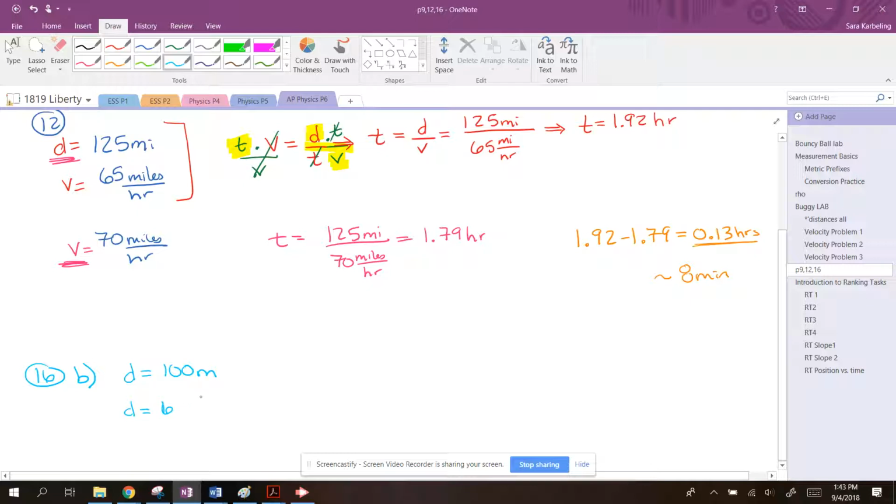Wait, say that one more time. 1,609. Yeah, it's all good. It depends on how close you want to have it exactly. But anyway, so that's about the distance. And then what do we know? We know that it takes her 18 seconds to run each 100 meters.